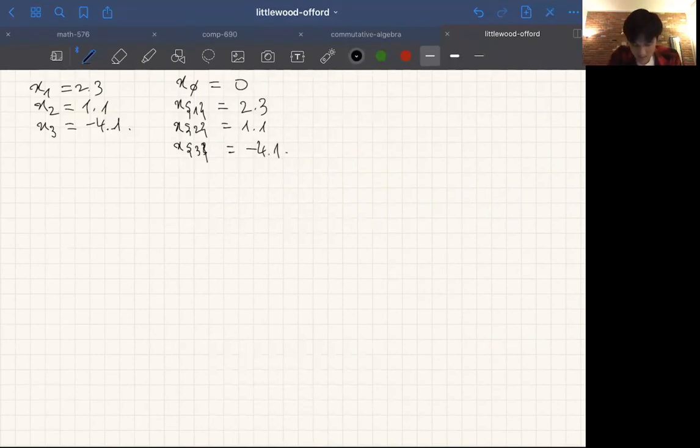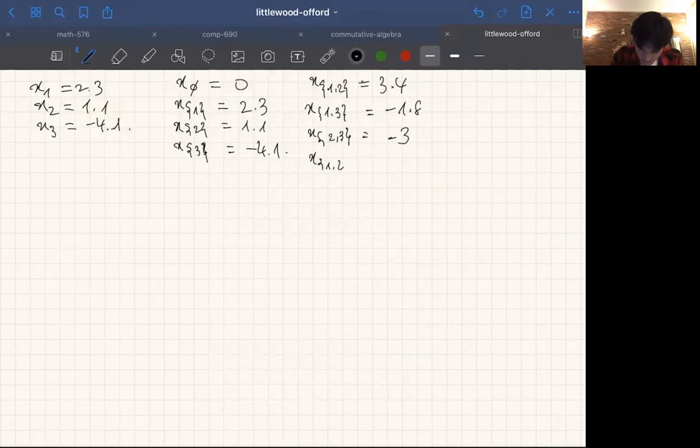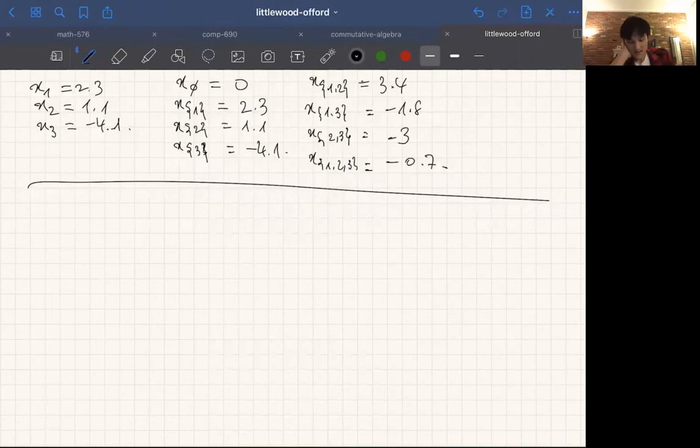Now we do the other combinations. x1, 2 is 3.4, and x1, 3 is minus 1.8, x2, 3 is minus 3, and x1, 2, and 3, as you add all of them together, you get minus 0.7.